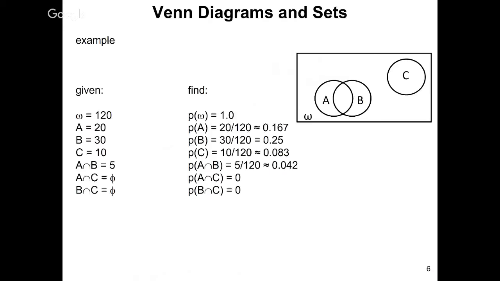So think of it like a dart board. You have a dart board, and there are 120 spots where the dart can actually hit. And you step back and you throw it. There are 5 spots.